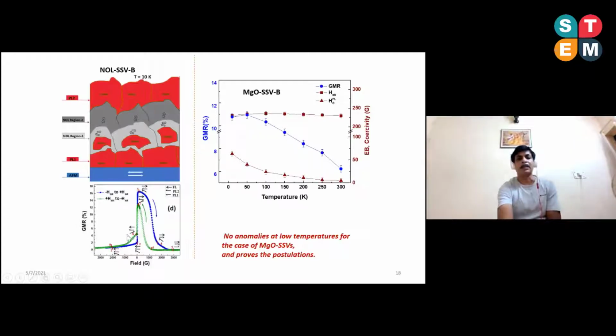This hump and all these characteristics have been explained in our paper published in JMMM, where the humps appear due to these effects in that system. This observation was not there in the MgO system.